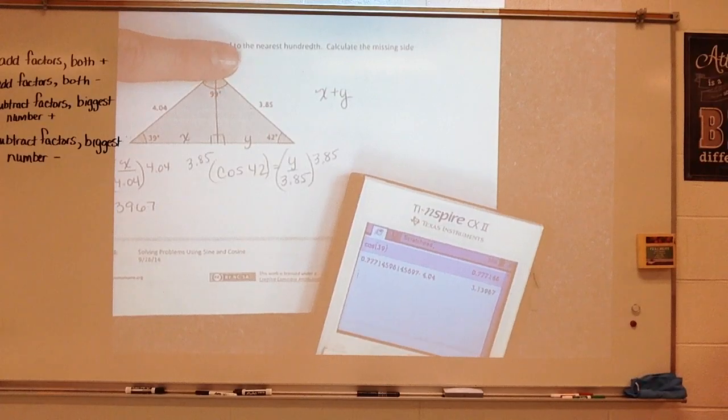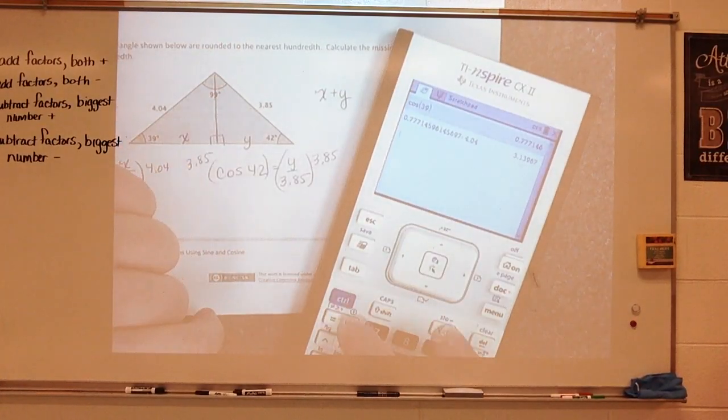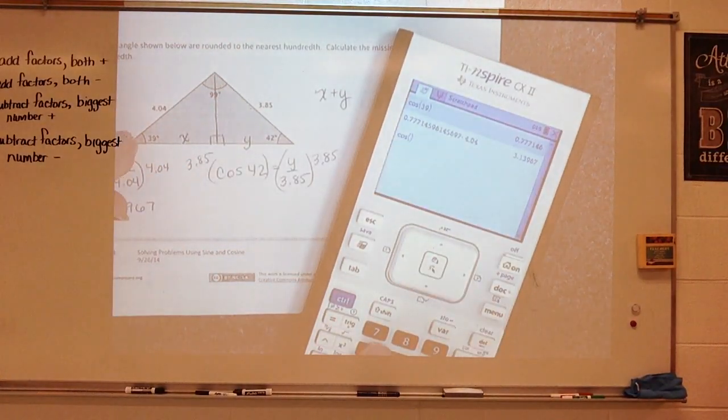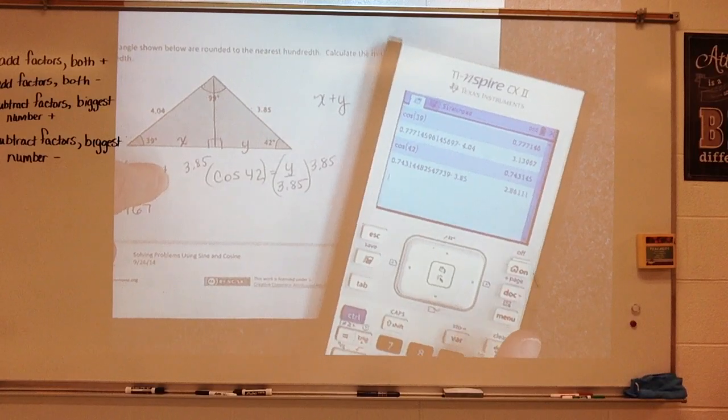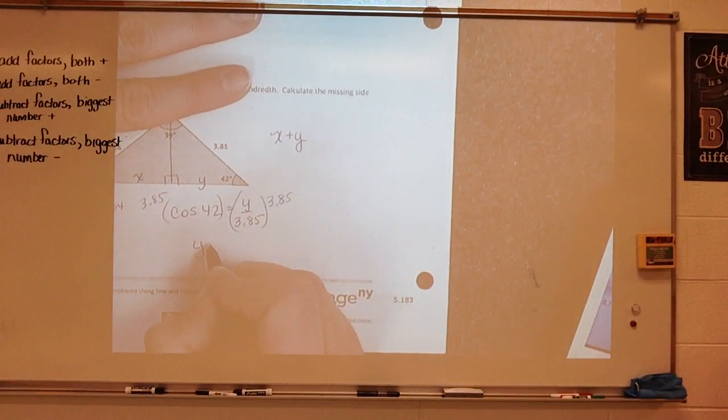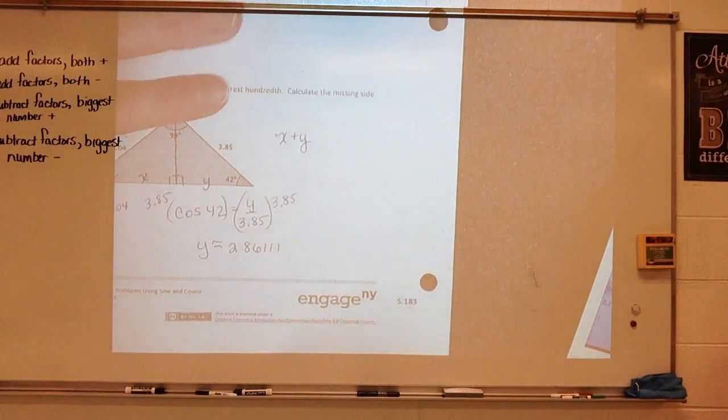So I get the cosine of a 42-degree angle, and then I'm going to multiply that times 3.85. So I get that Y is approximately 2.86111.